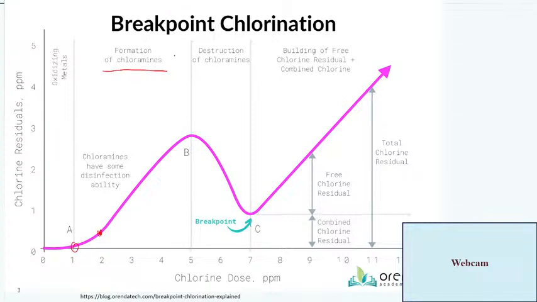So in this particular diagram, in order to achieve that 5, we would have to add something like 12 milligrams per liter of free chlorine to achieve a residual 5 milligrams per liter. So there's some built-in costs there that we have to account for to achieve the chlorination as desired.